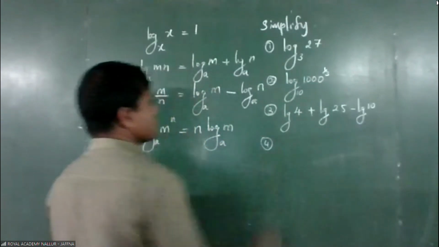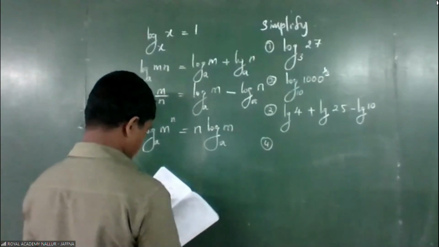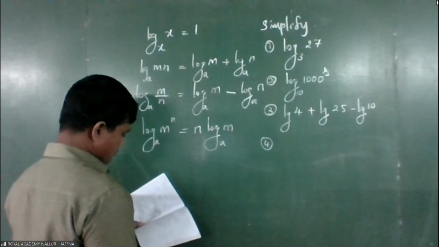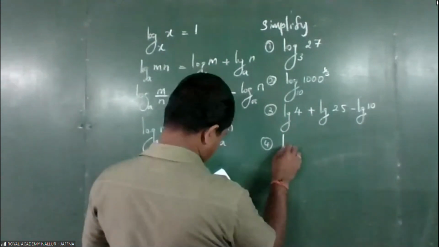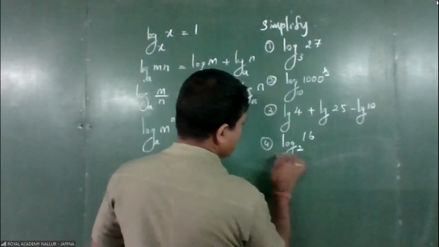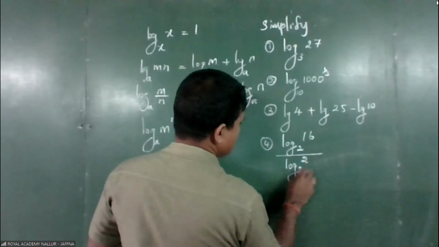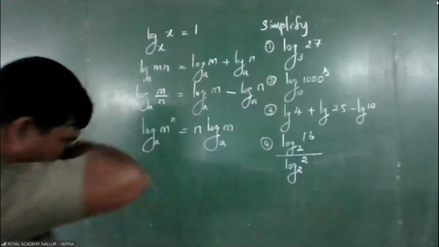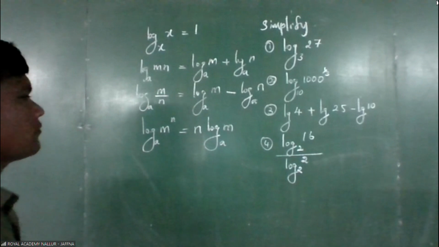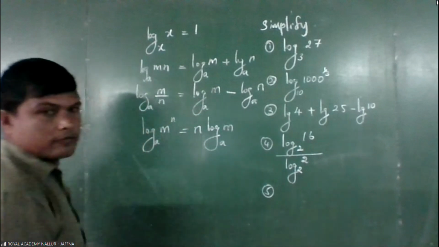Number 4: log 16 to the base 2 upon log 2 to the base 2. Number 5.